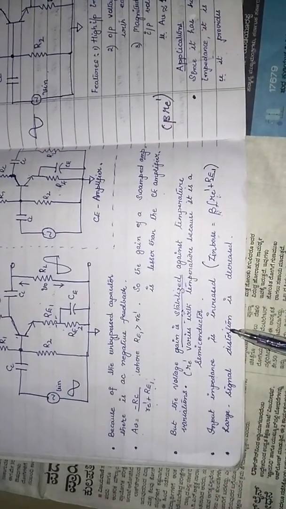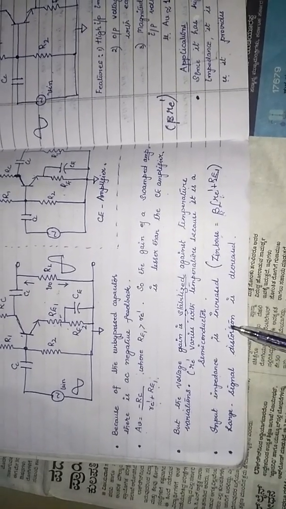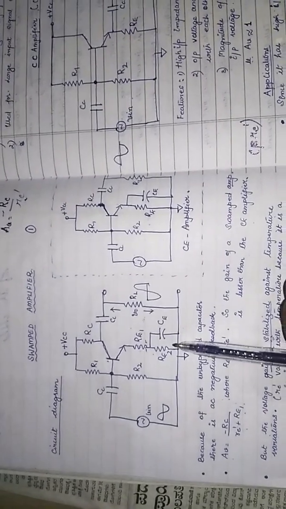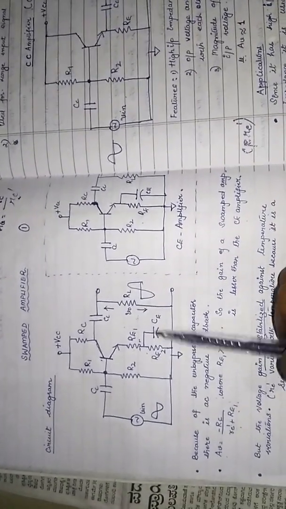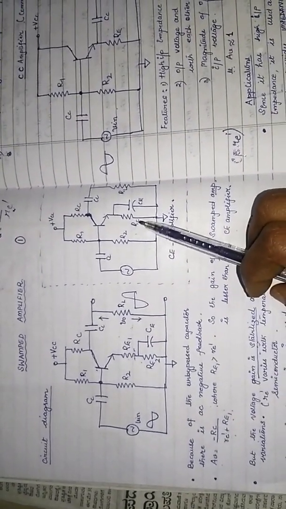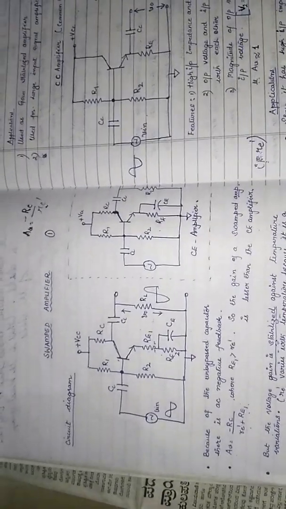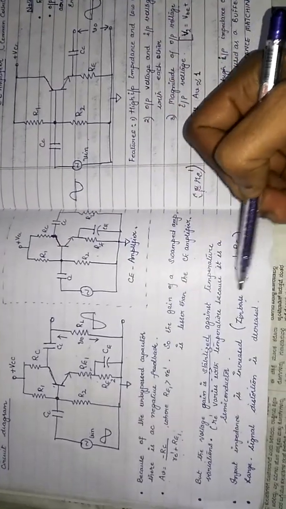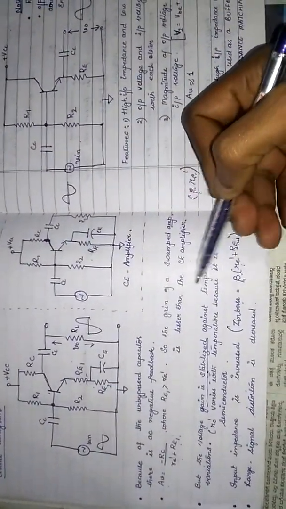Now because of the swamped resistance, another important consequence or advantage is that the large signal distortion is decreased. That means a swamped amplifier can also be used as a large signal amplifier, unlike your CE amplifier, which is a small signal amplifier. So let me tell you what is the application. So students, these are the advantages of your swamped amplifier.